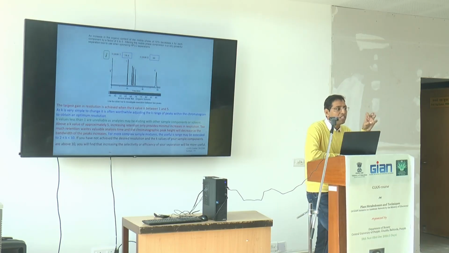Altering the mobile phase composition is a very powerful separation tool to optimize the HPLC separation. Sometimes if you change the mobile phase composition, you will change the RT value and capacity factor also. You have to manipulate this capacity factor a lot during method development.